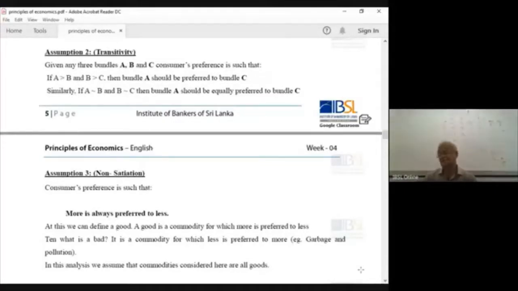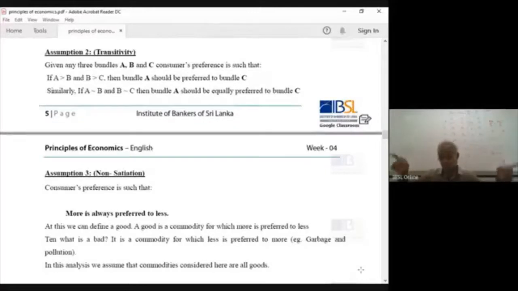Why is COVID bad? You can explain it. If you have more COVID-affected people, more patients, then you don't get utility. You are not happy. We always prefer less to more of a bad, and more to less of a good.